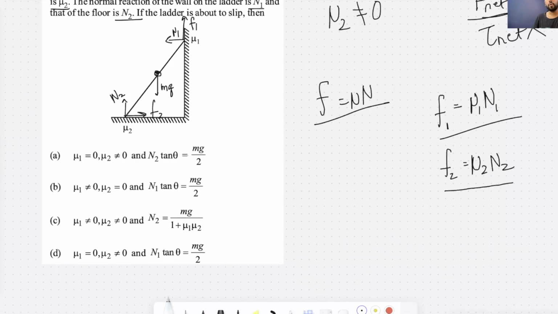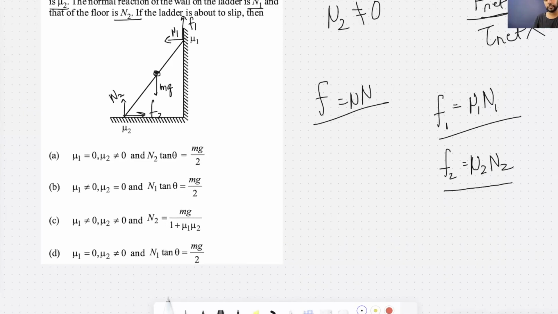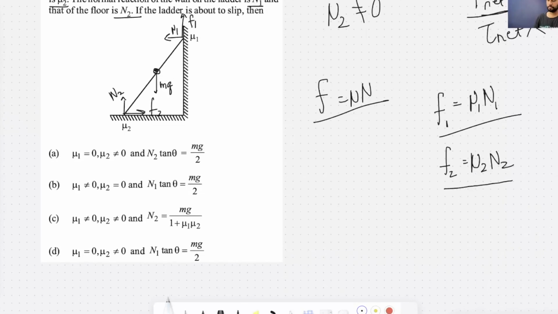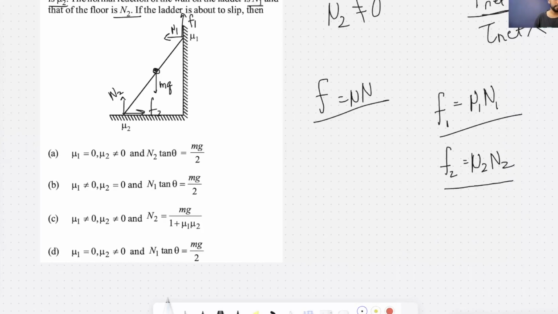Okay, now let's talk about the direction. That means the forces acting in the opposite directions should have the same magnitude. So my directions are up, down, left, right.